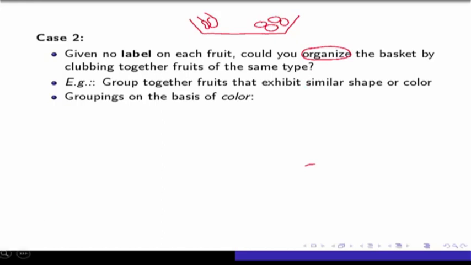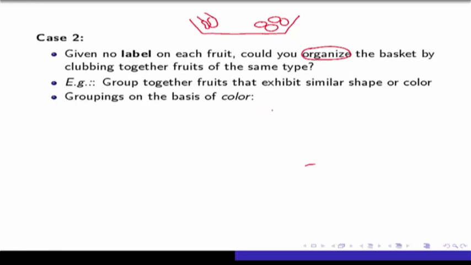Practically this means that you would group together fruits with similar shapes or sizes. So you note that fruits on this corner have similar shapes and that are markedly different from the shape of fruits on the other corner.